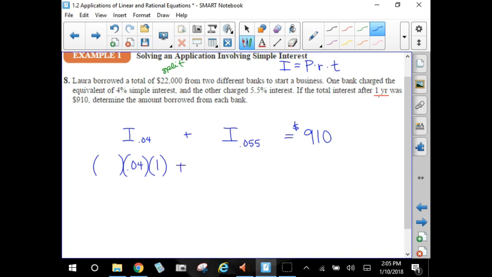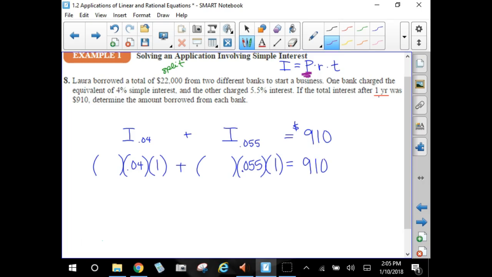Also, for the second loan that she took out, so much in principal times the interest rate, 0.055, times the time of 1 year. Again, that's going to add up to $910. So the real question here that we need to be answering is how much did she invest at each rate? What was the principal at 4%?